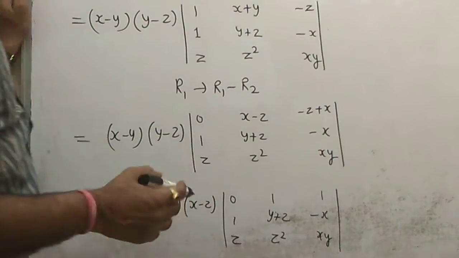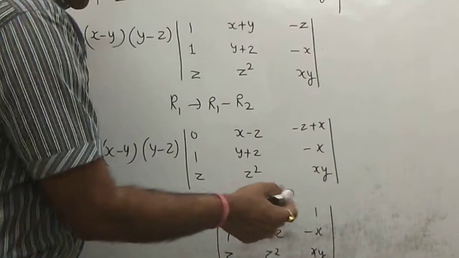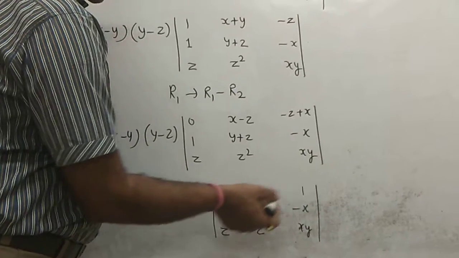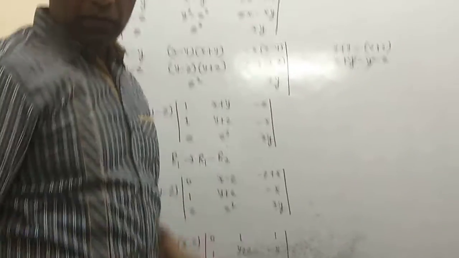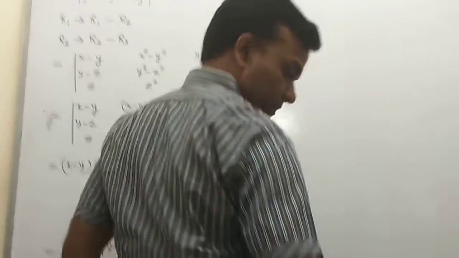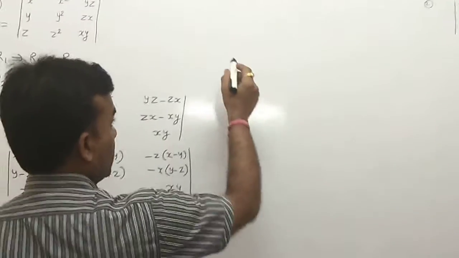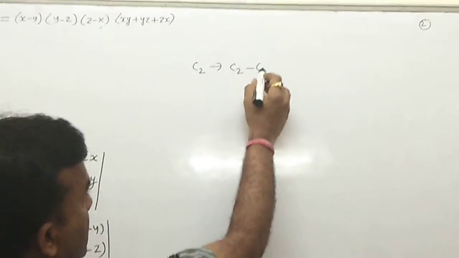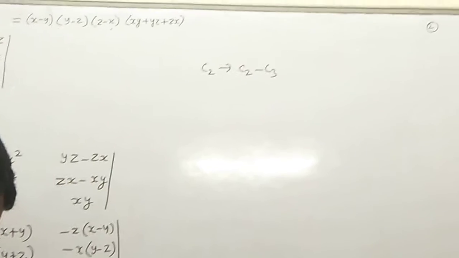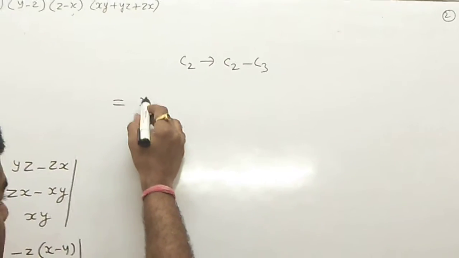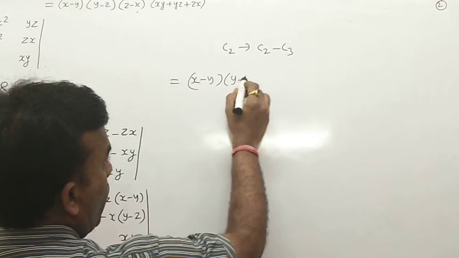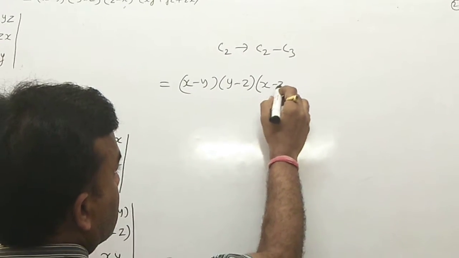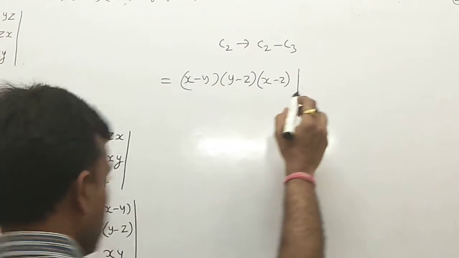Okay, now you have the row element 1, 1. So you apply here a column operation. So you add C2 tends to C2 minus C3. You first put C2 tends to C2 minus C3. Now your outside value put as it is, x minus y, y minus z and x minus z, and then 0.